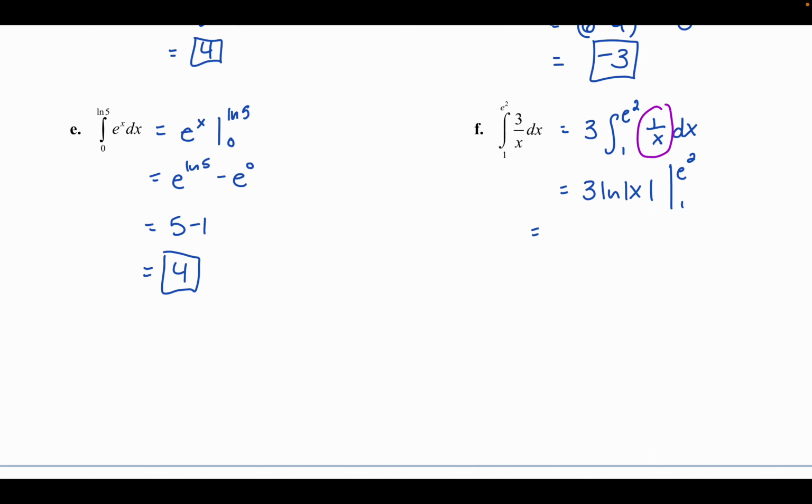It's a little bizarre that we take our upper bound and plug that in first. So we're plugging in e squared first. I'm dropping the absolute value signs because they're not necessary for e squared, and they're not necessary for 1 either. Remember that ln of e squared is just 2. Ln of 1 is just 0. So the whole thing becomes 6.